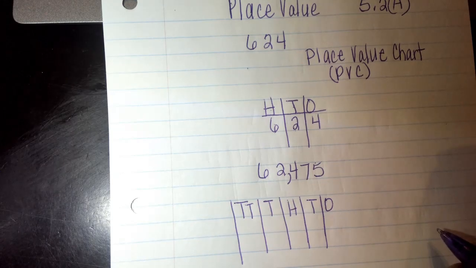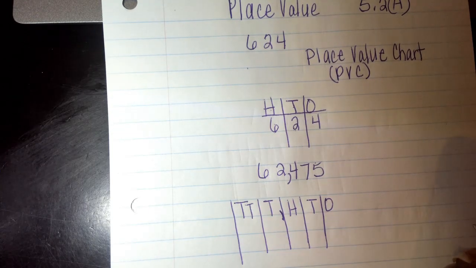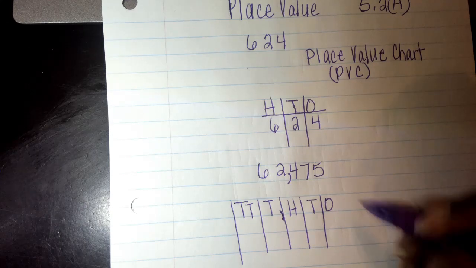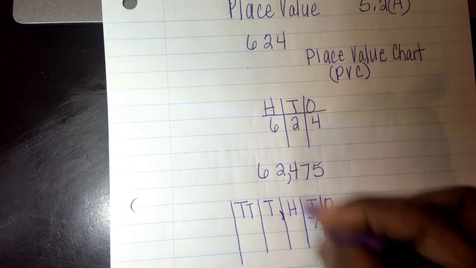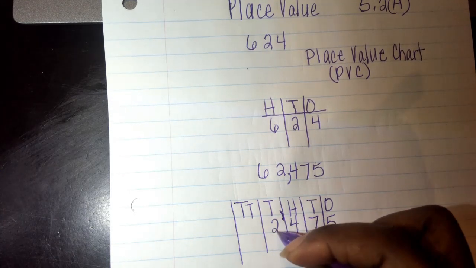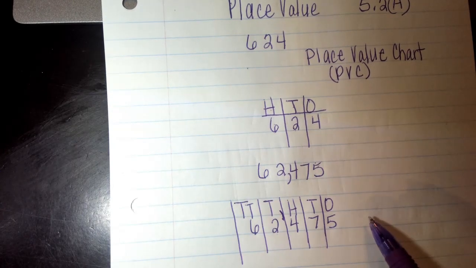Okay. I'm going to go ahead and place my comma to make sure that our number gets placed in the correct order. So 5, 7, 4, 2, and 6. Notice how the value of the digits that we already had, they've moved over, so their value has changed.